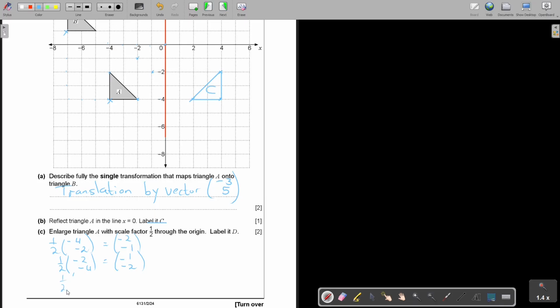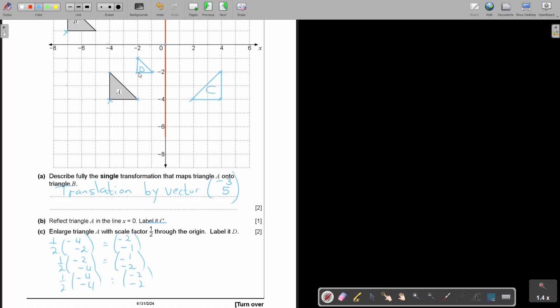So it's a half of -4, -4, which will be -2, -2. And I go -2, -2. I take my ruler and I'm just going to combine those angles. Okay, and then what did I label it? I label it D. Okay, and that is my final answer.